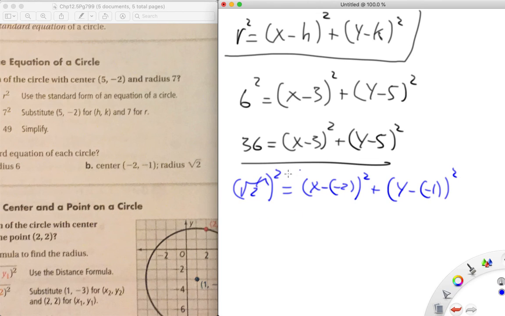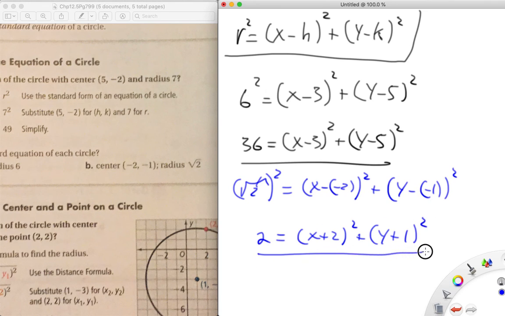The square and the square root cancel out, so that's going to be 2 equals x plus 2 squared plus y plus 1 squared. And that is the equation for that particular circle.